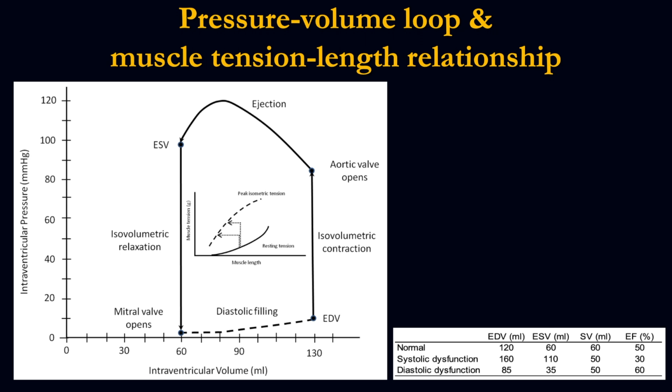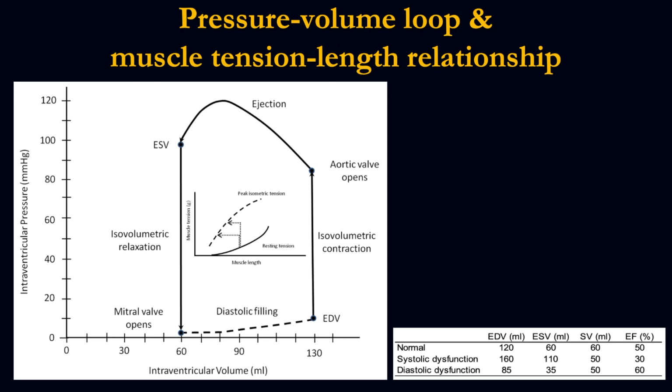This graph is a little bit more advanced, but does give us the ability to visually see the relationship between intraventricular pressure and intraventricular volume. So on the y-axis, we have intraventricular pressure in millimeters of mercury, so that's looking at the pressure inside the left ventricle. And on the x-axis, we have intraventricular volume in milliliters, that's looking at the volume inside the left ventricle.